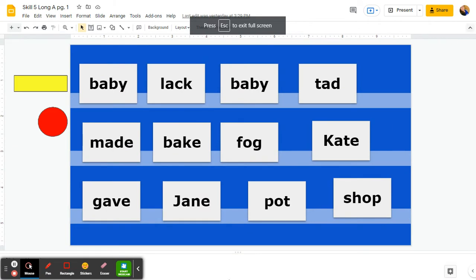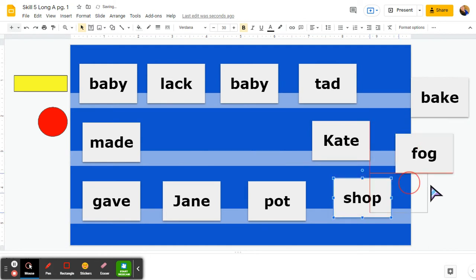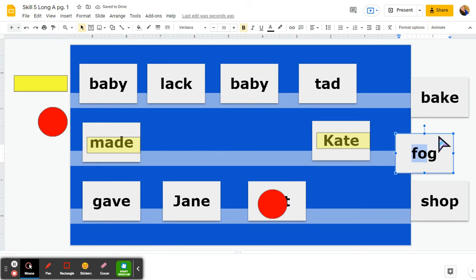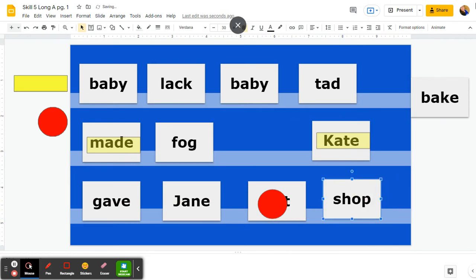And when I do that, we can move the cards, and you can even use highlighter tape if they want to find the ones with the long A. They can cover over it with that, cross out the ones that don't have an A. They could put the red dots on those. And so this is just one way that they could use the word cards. It's a pocket chart.